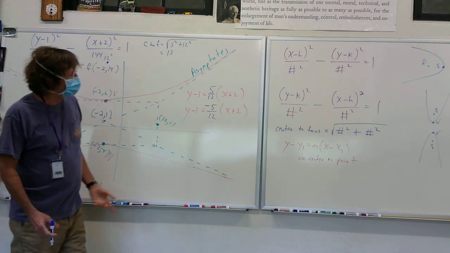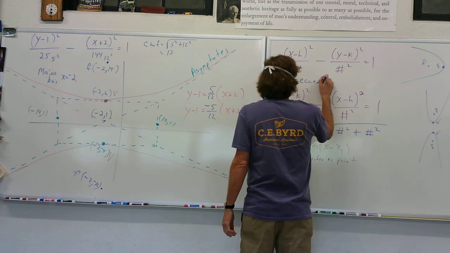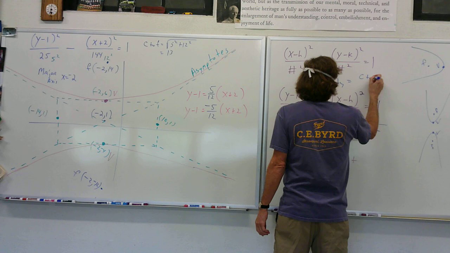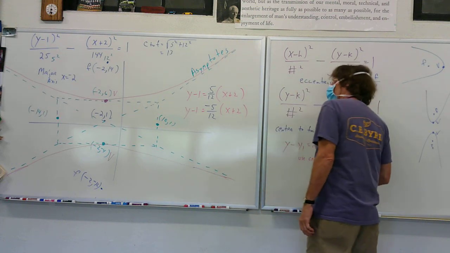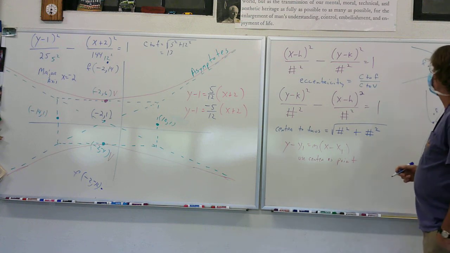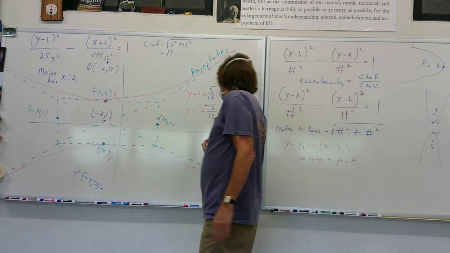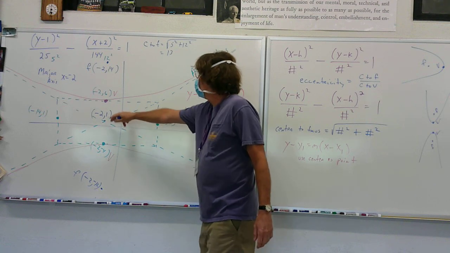Okay. Eccentricity. I'm going to put it right in here because I need the room. Eccentricity: center to focus over center to vertex. Same as it was for the other. And what you find out is if you go center to focus here was 13, so eccentricity for this one is 13 over 5.